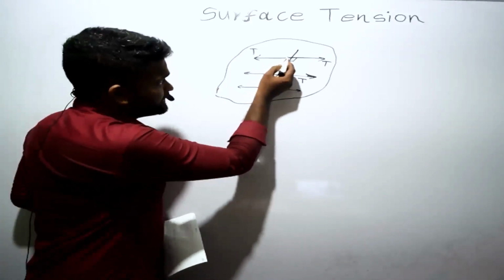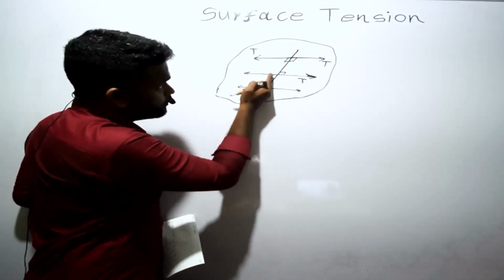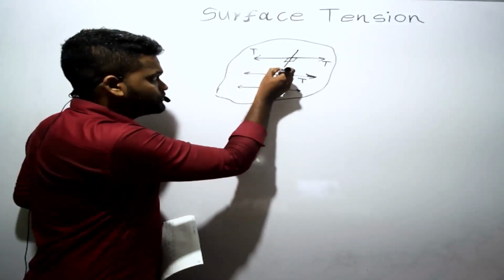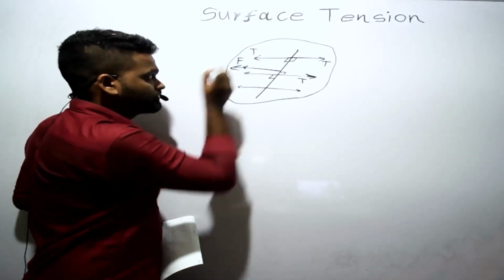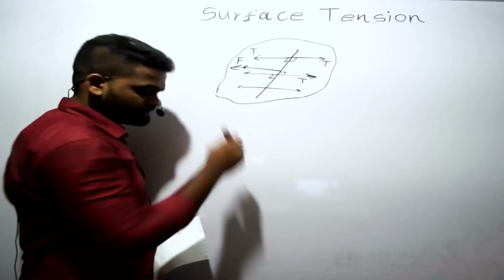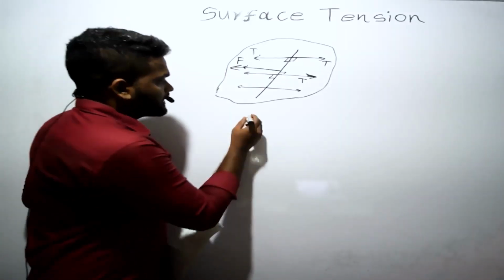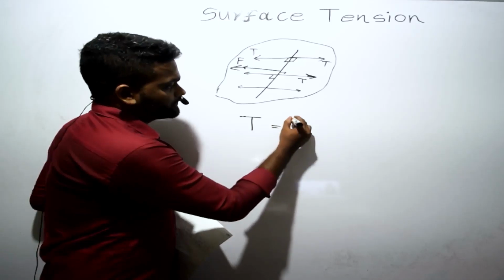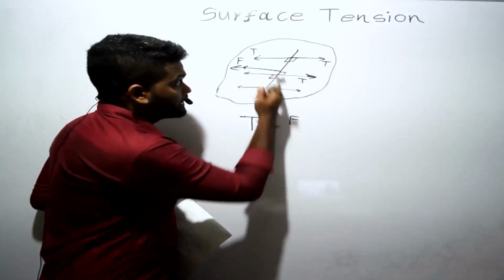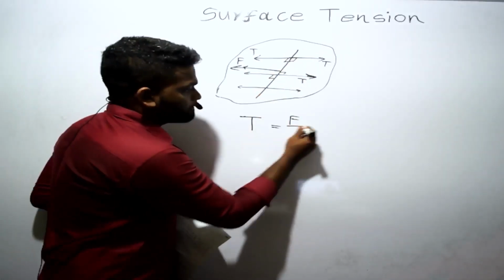Let's say if you take the resultant force of all these surface tension forces, you get capital F. Draw this as well. So according to the definition, T is equal to force per unit length.